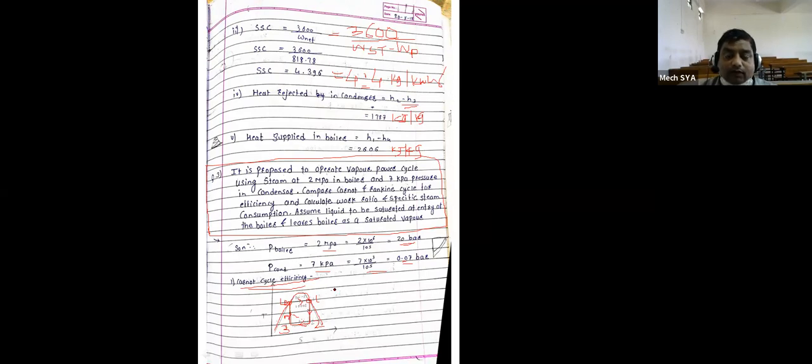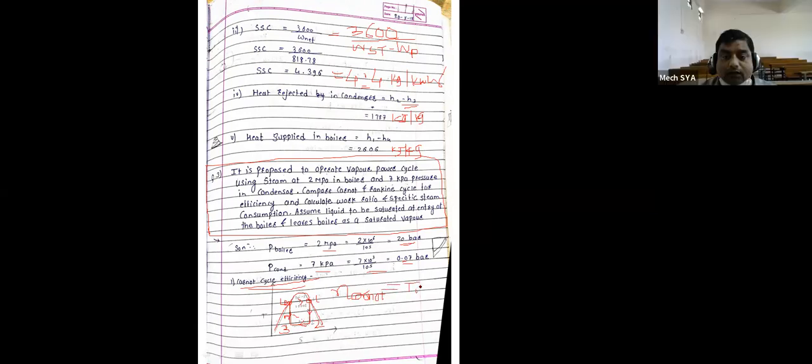To do that, we have to calculate temperatures. So eta Carnot is equal to (T1 minus T2) divided by T1. And what is T1? T1 is the heat supply temperature, T2 is the heat rejected temperature.